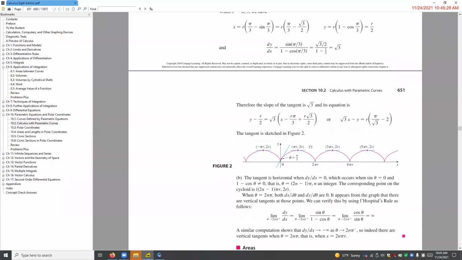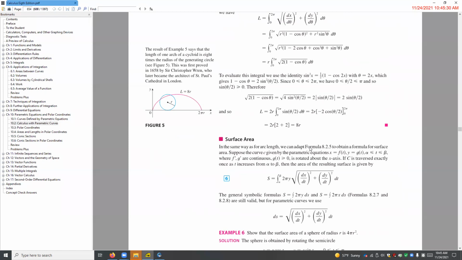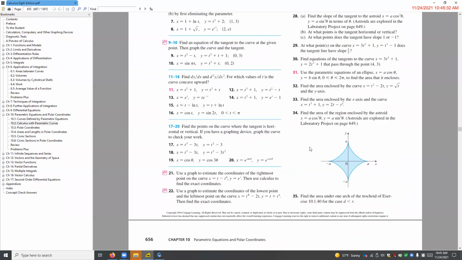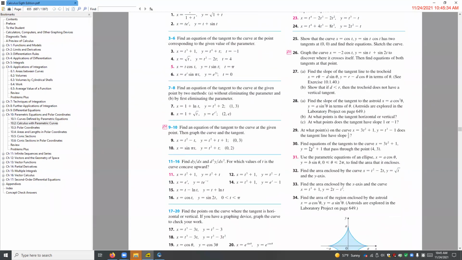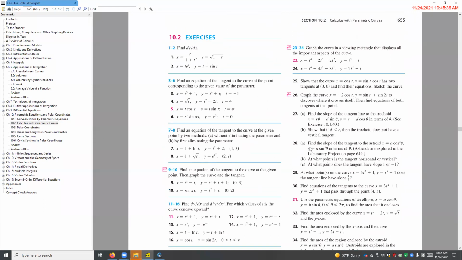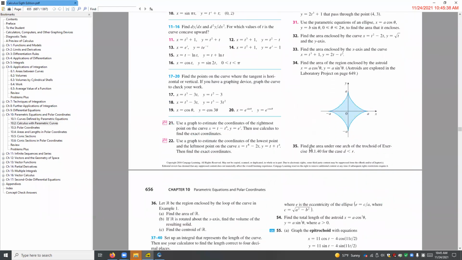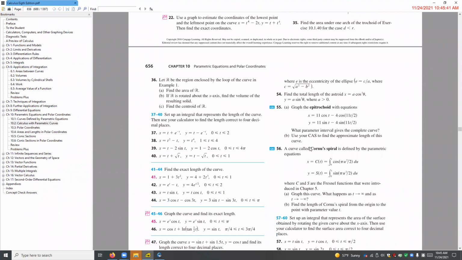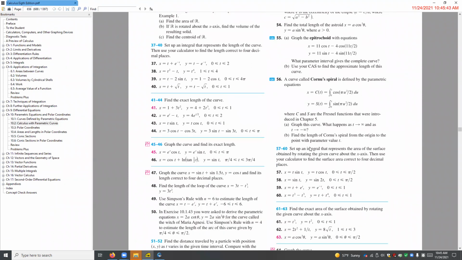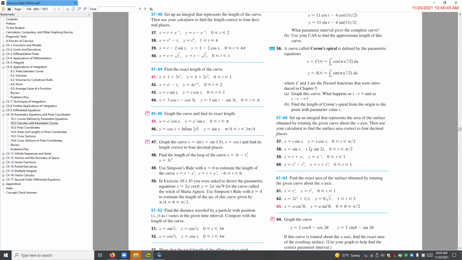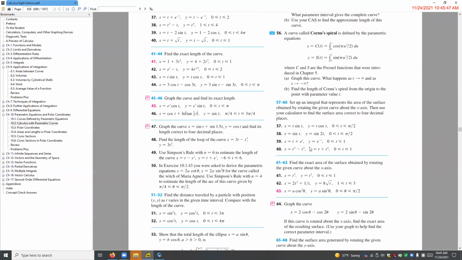Actually, maybe that's not smart. I don't think you guys will enjoy that. Let me take an example from the textbook. People didn't like this before, they won't like it now. It's a cool thing, but find the exact area of the surface.